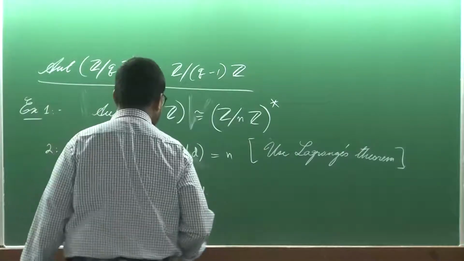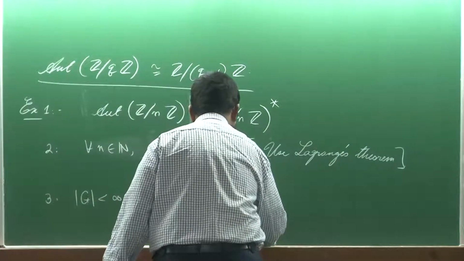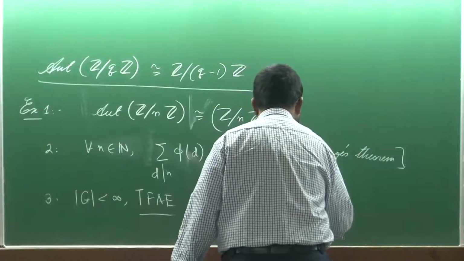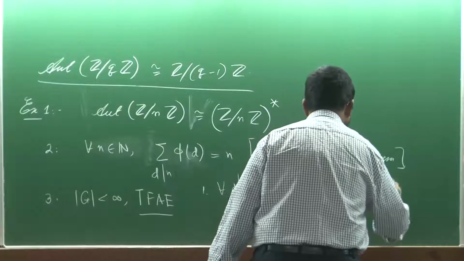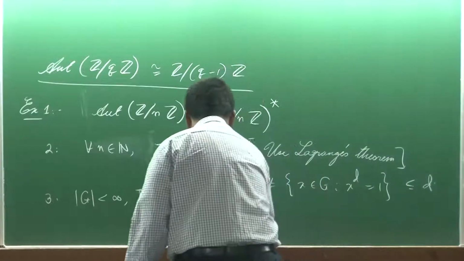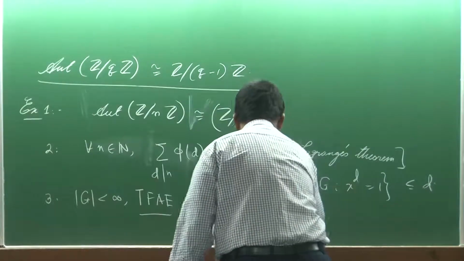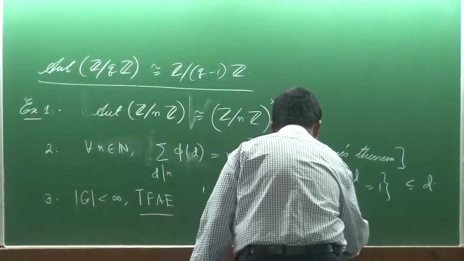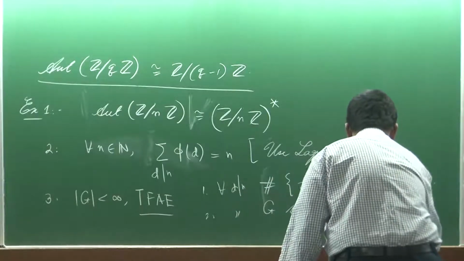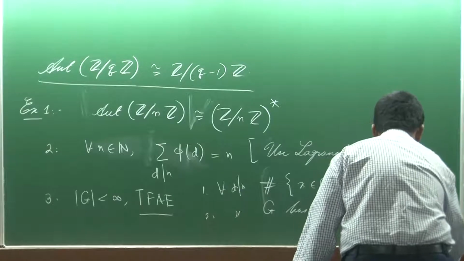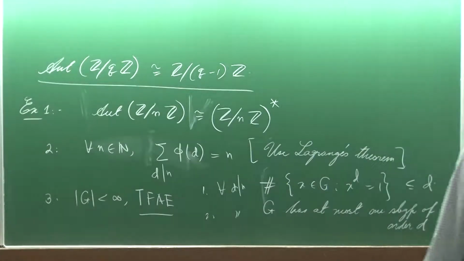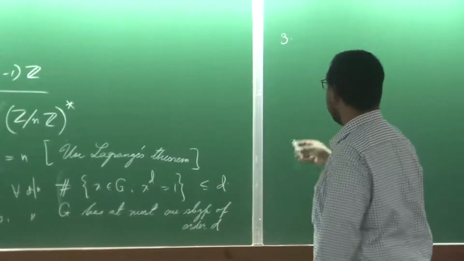First, for every d dividing n, the number of elements x in G such that x to the power d is 1 is at most d. Second, for every d dividing n, G has at most one subgroup of order d. The third condition is G is cyclic.